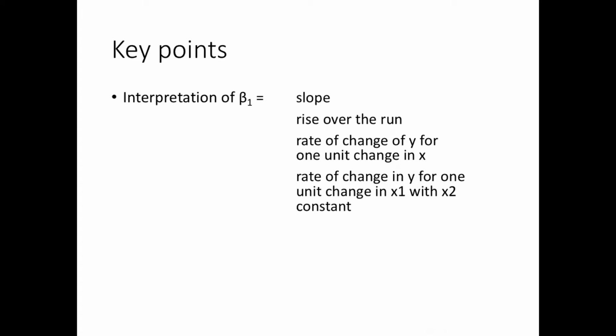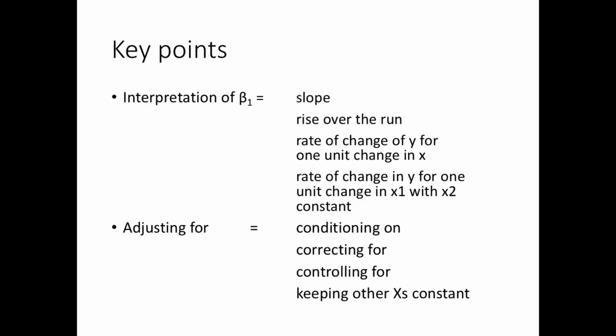Now, supposing we have more than one variable, then we simply say that it is the rate of change in y for 1 unit change in x1 with all other x's having been held constant, or having adjusted for all the other x's. So there are different terminologies which are used by statisticians, more to confuse the average reader.